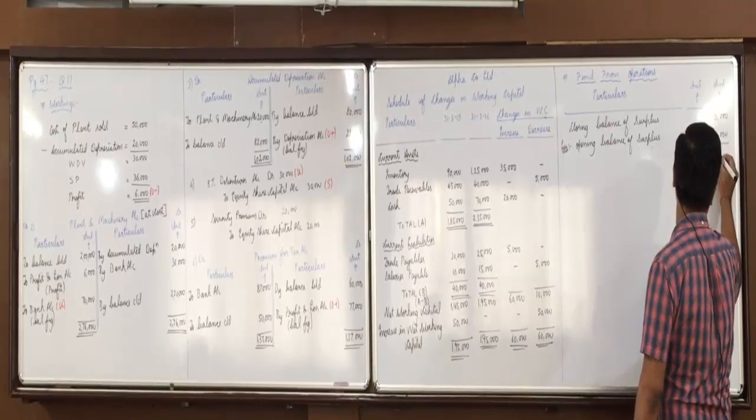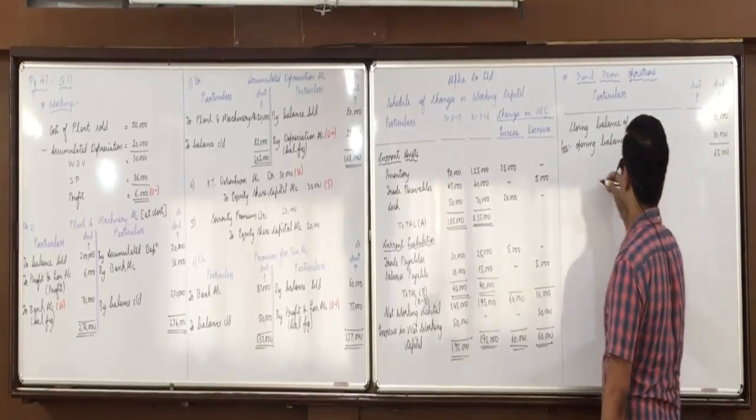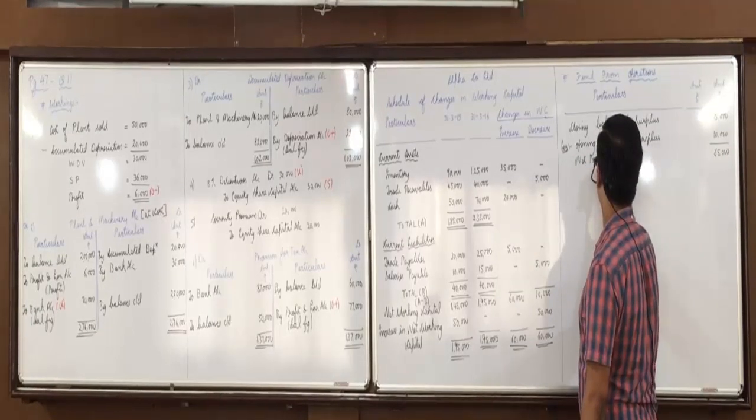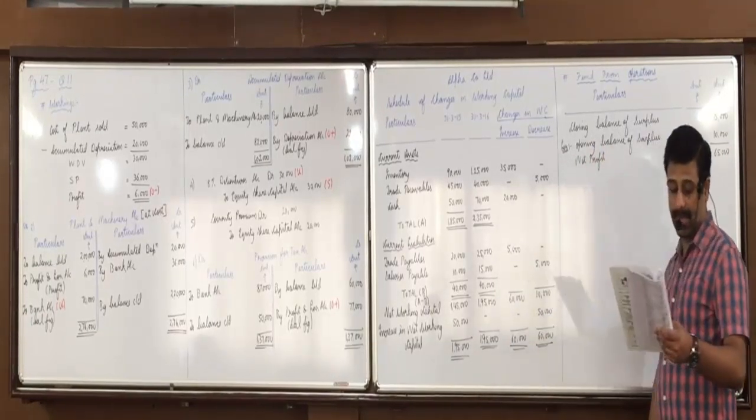So 65,000 is the net profit during the year. Any confusion with this?